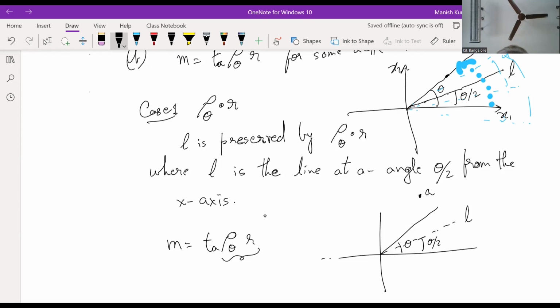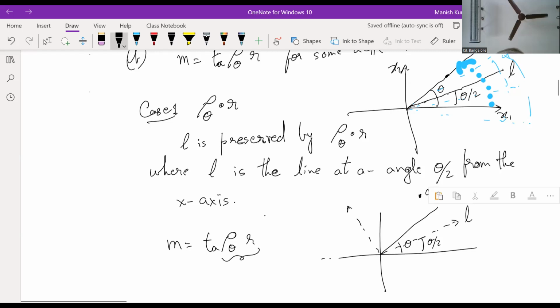We can change the basis to make L the new x1 axis and its perpendicular the new x2 axis, and then try to do the translation. So if we do this change of variable, we can replace rho theta R by just R, because then we are just doing reflection along L, which is the x1 axis.